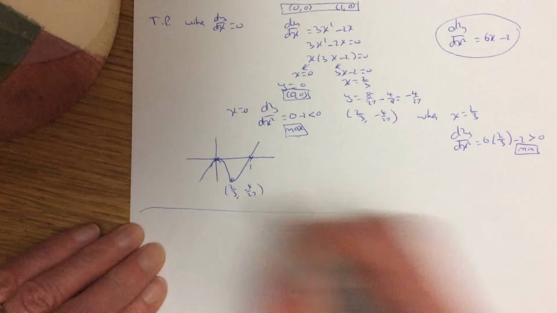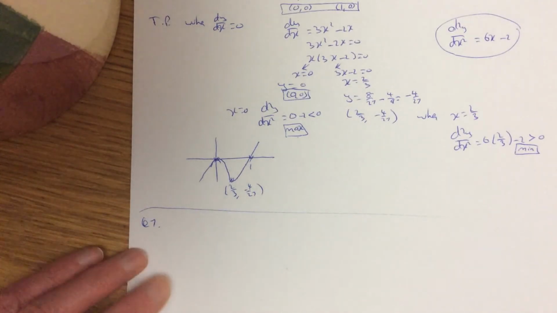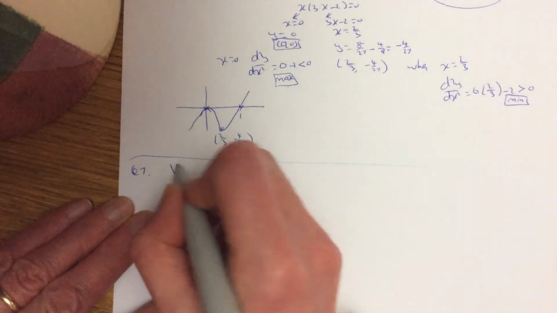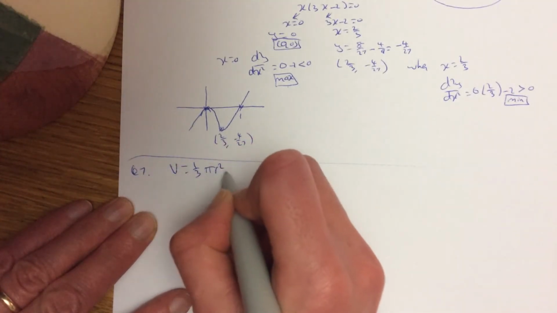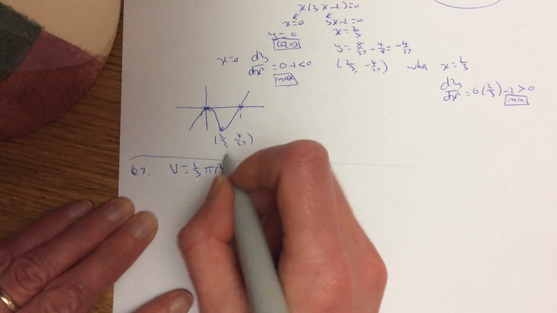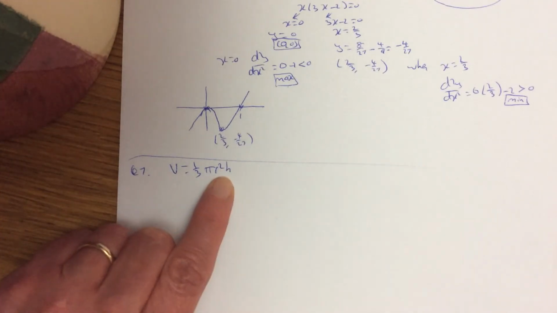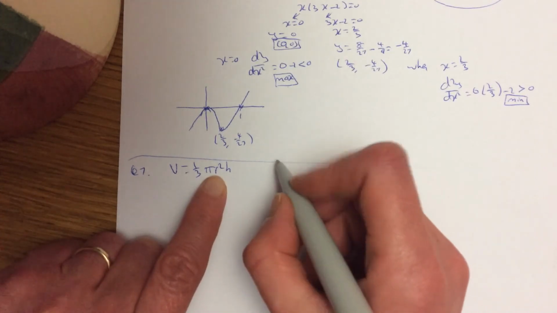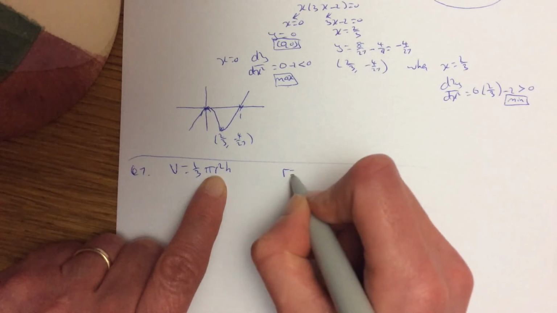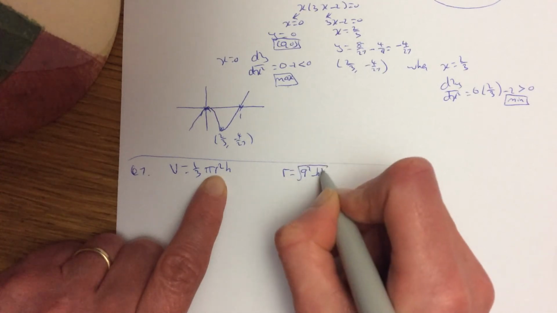And the next one we've got to look at is question 7. In question 7, we've got to work out the volume. So volume is a third the area of the base times the height. Now I need to work out the height, so we need to get rid of the radius. If you look at the question, it's got the volume in terms of h but no r. So you can use Pythagoras' theorem here to work out the radius. It's 9 squared minus h squared, square rooted.